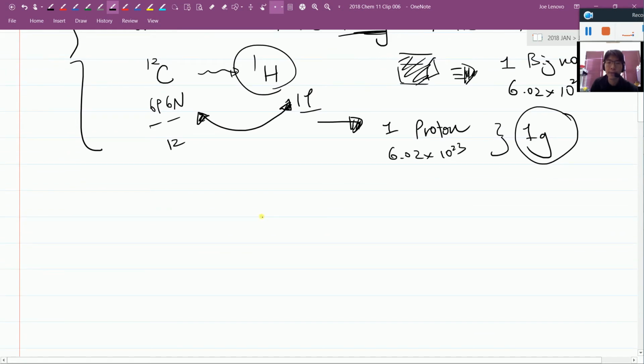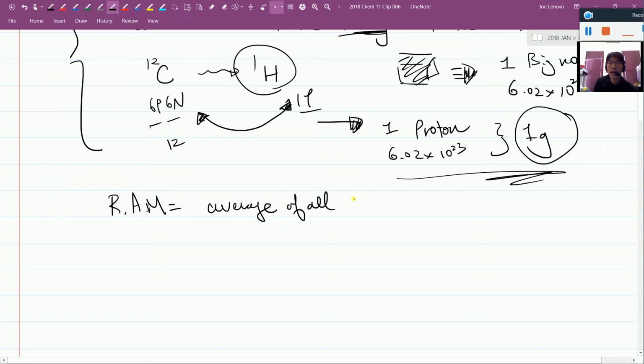So this comes to our basic concept of all periodic tables, the basic concept of all RAMs, I should say, the relative atomic mass. Remember, relative atomic mass is basically equal to the average of all isotopes.